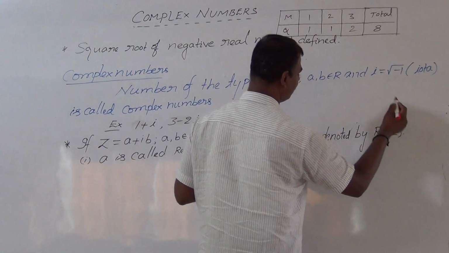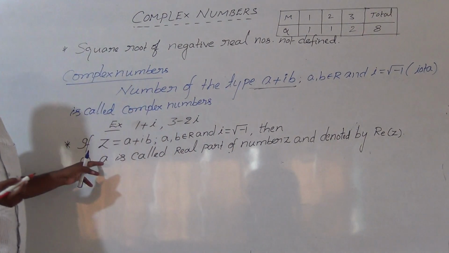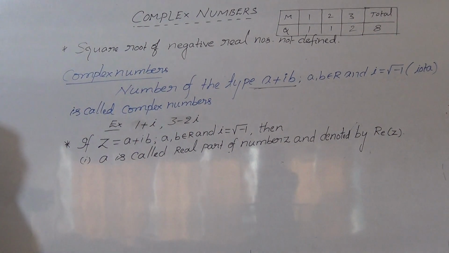Okay, now students, a is called the real part of z. It is denoted by Re of z.